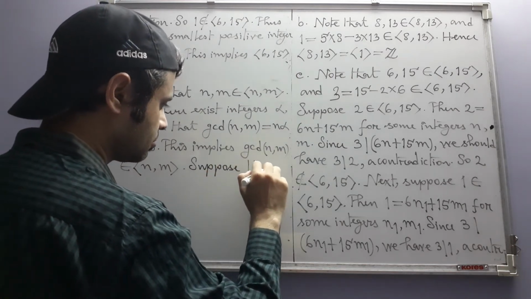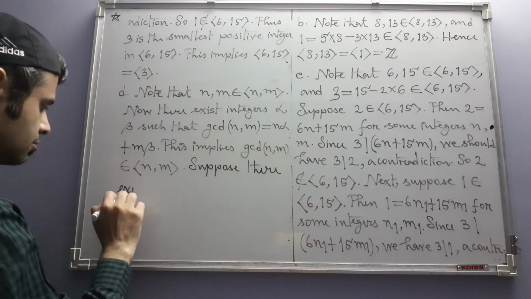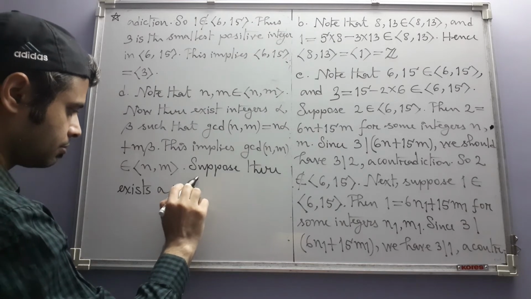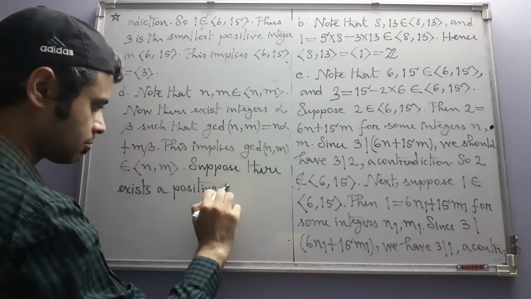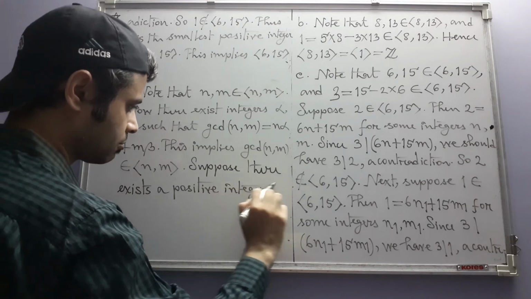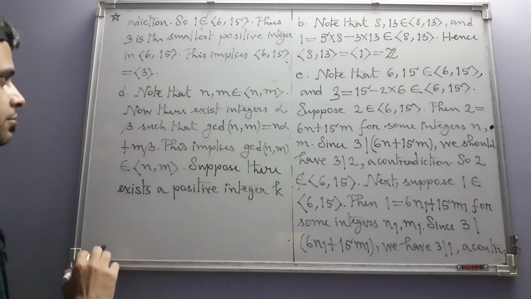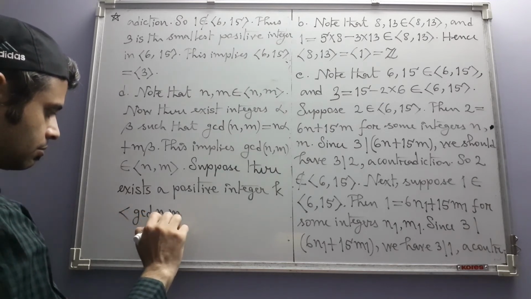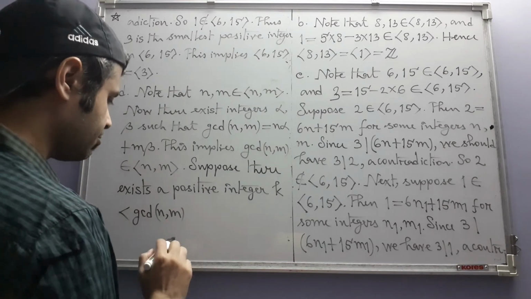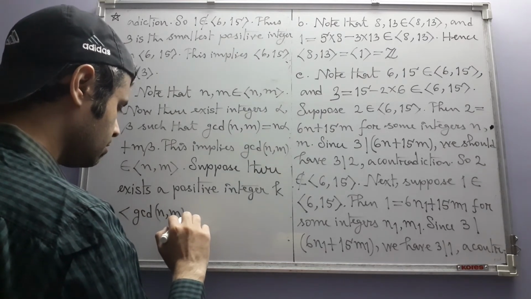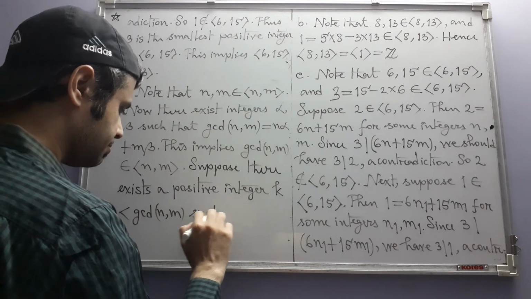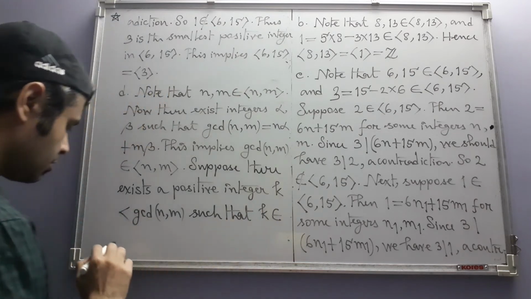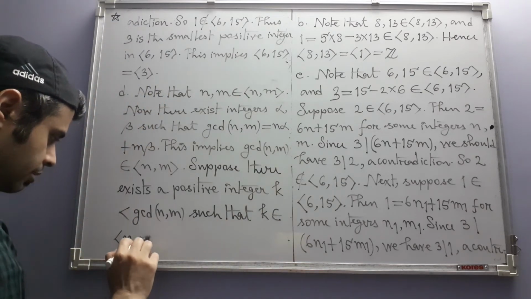Suppose there exists a positive integer k less than the GCD of n and m, such that k belongs to the subgroup generated by n and m.